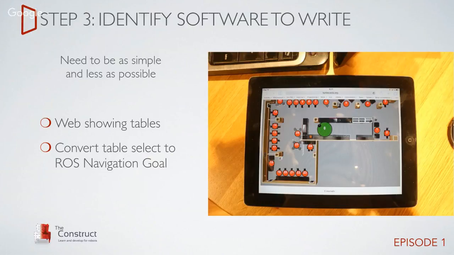This navigation goal is sent directly into the ROS navigation stack, which is already done. So these small parts are the glue between the final product and what already exists in the software called ROS. We are going to see in the next episodes of these webinars how we did this and how you can do that.